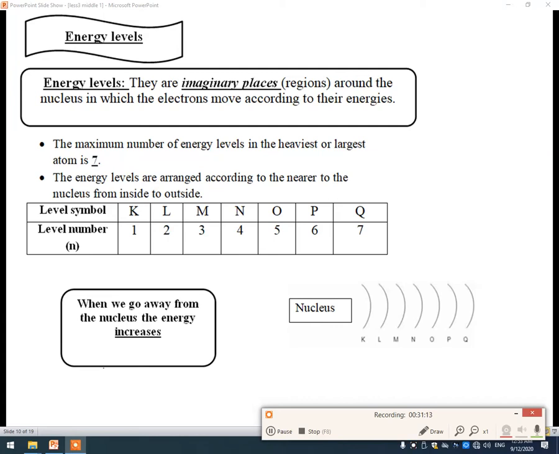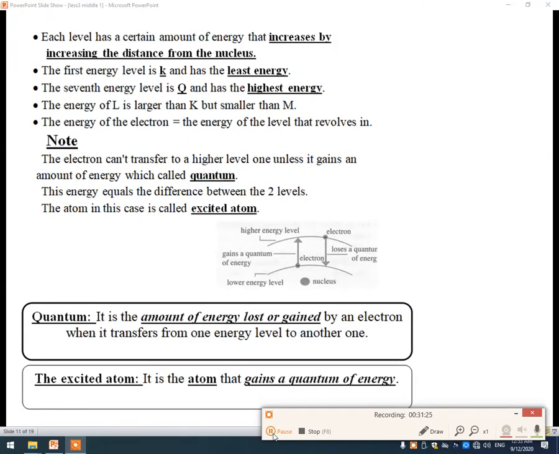For sure it will be Q, because we said as we go away from the nucleus, the energy increases. Now you have to know that each energy level has its own energy. Each level has a certain amount of energy that increases as the distance from the nucleus increases. So for example, the first energy level is K, and it has the least energy, like we said.